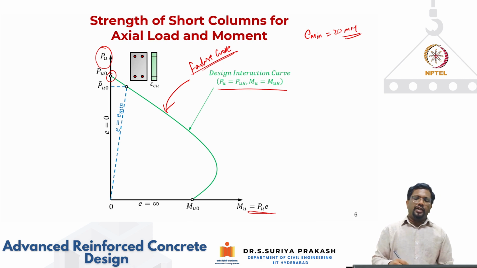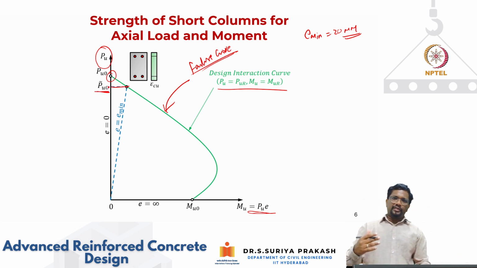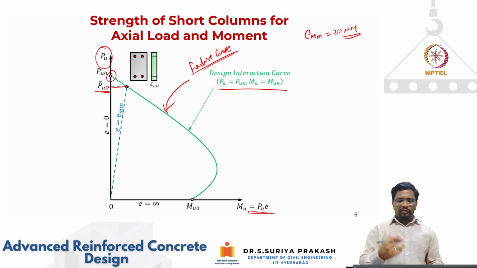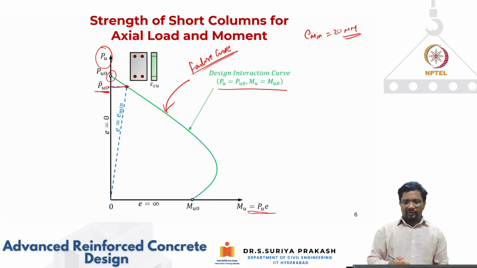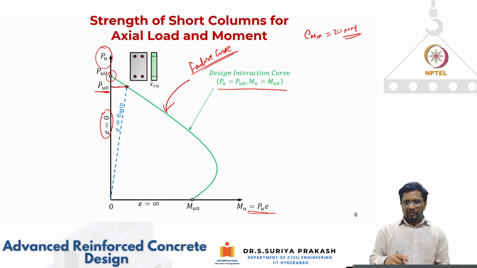That is your e minimum that we have to take. When you do that, you will find that the axial compression capacity is Pu naught, which is slightly lesser than your pure axial compression capacity. In this case, e is equal to 0 when I am moving along the y-axis, so there is no bending. It is only pure compression.